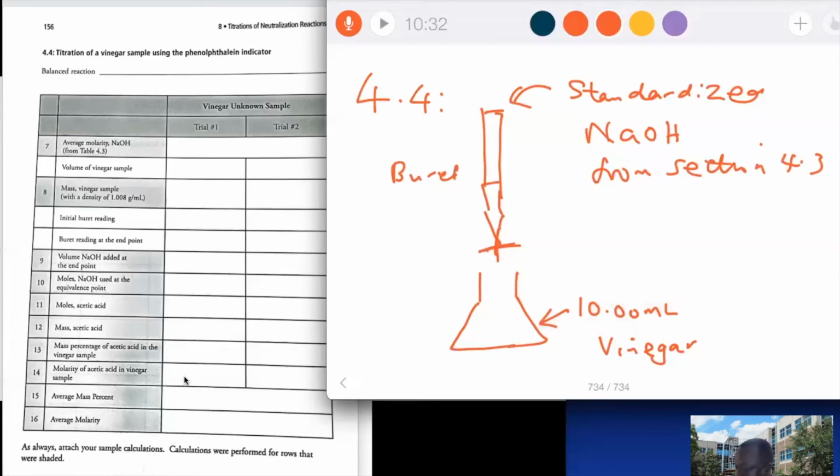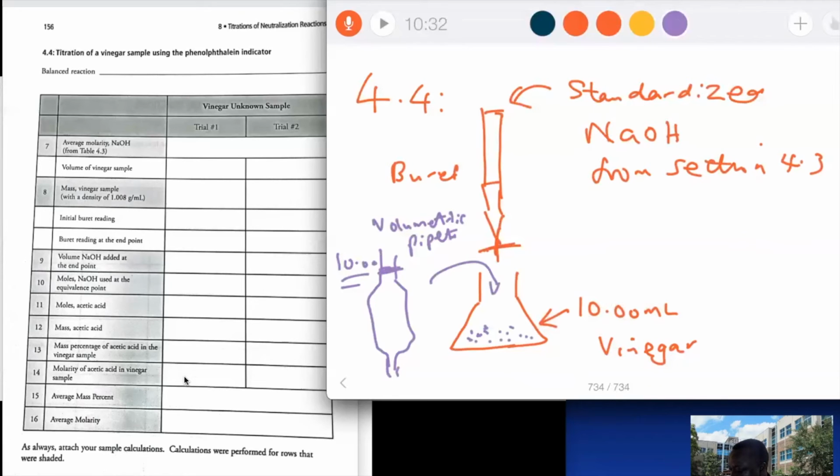You will use a volumetric pipette, and this is where the 10 ml is coming from.